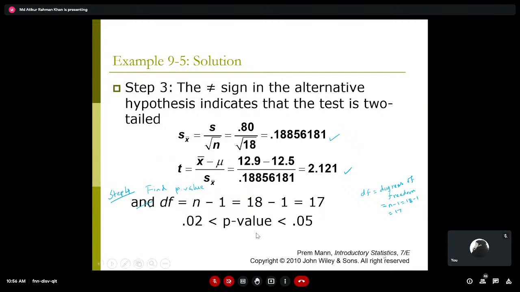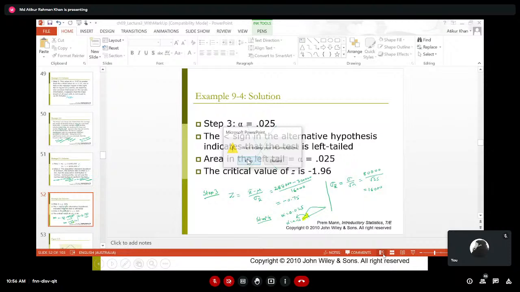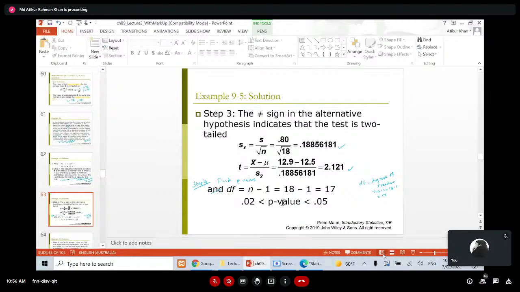If nothing is mentioned about the p-value or critical value approach, it's better to use the critical value approach for the t-test. The reason is you may not find the probability corresponding to every possible combination of t and degrees of freedom in the table.